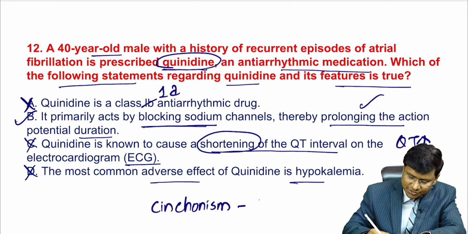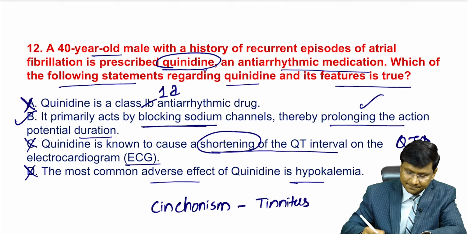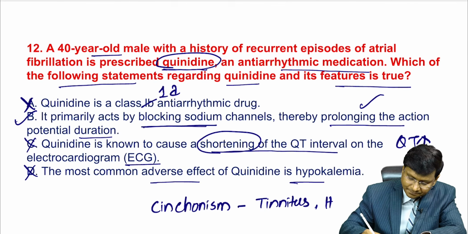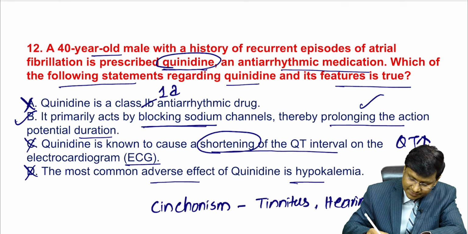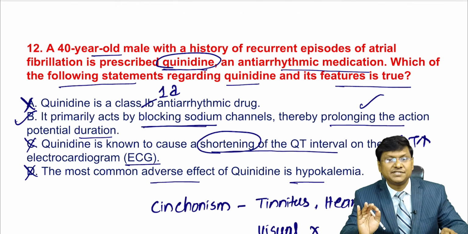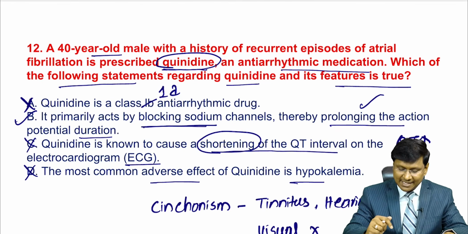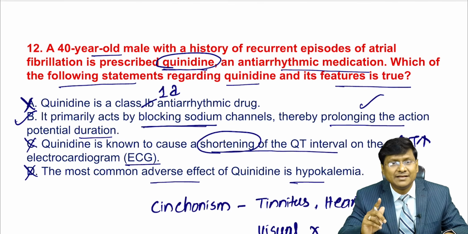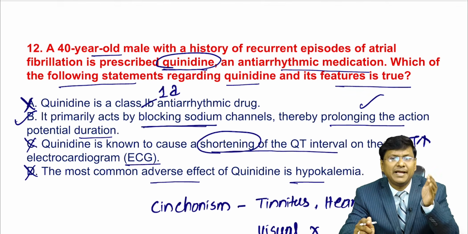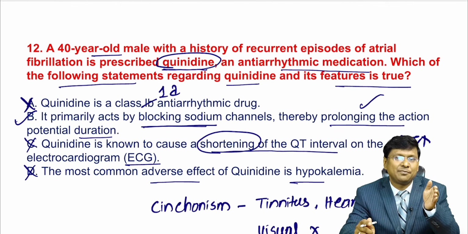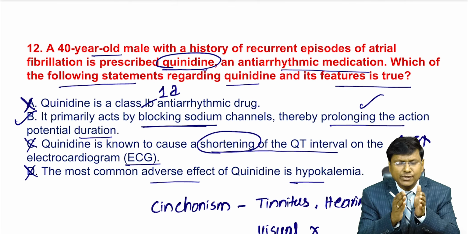The characteristic features of cinchonism will be number 1, tinnitus, then hearing loss, and then visual disturbances, right? So these are the features of cinchonism, and another important potential adverse effect will be the long QT interval. And Quinidine is obtained from a plant product. And what is this plant product? This is known as the cinchona bark.